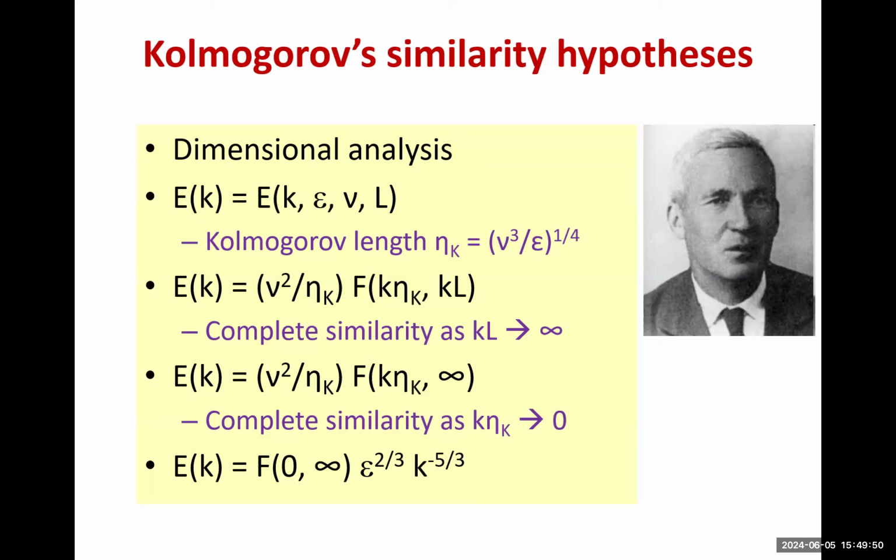But I've got nu on the outside over here, and I have eta on the outside over here, and I have nu on the inside here. So the trouble is that nu happens in here, and this happens in here. And what we want is something that doesn't depend on the viscosity, because the hypothesis is that the process is Hamiltonian for this cascade, so it shouldn't depend on the viscosity.